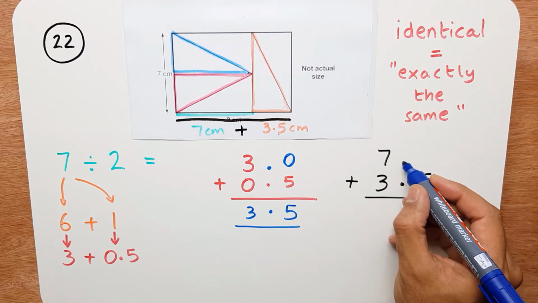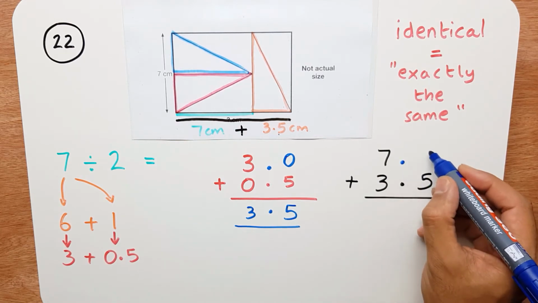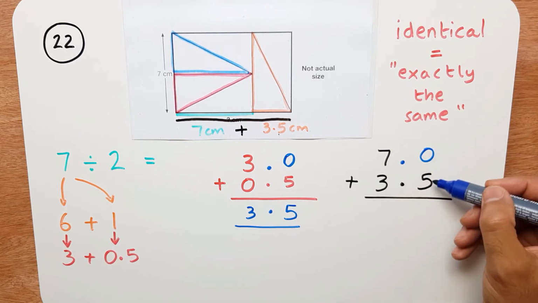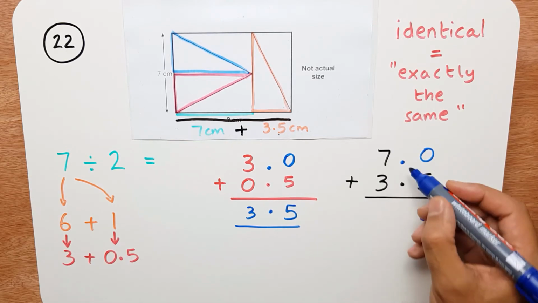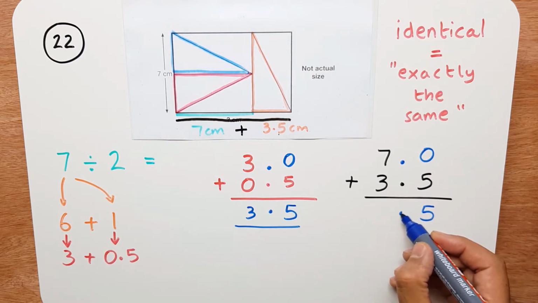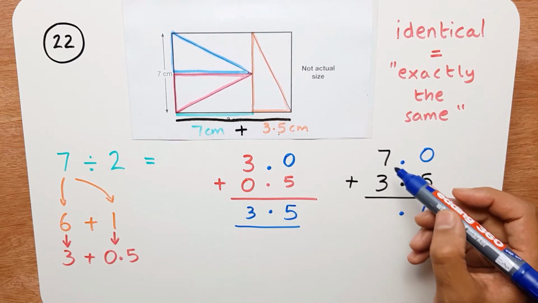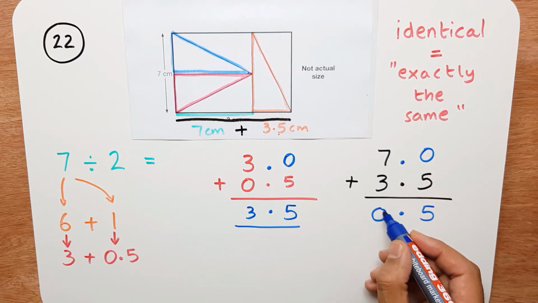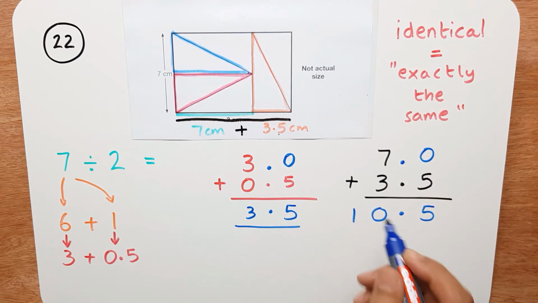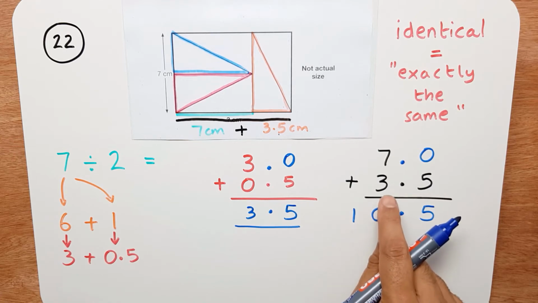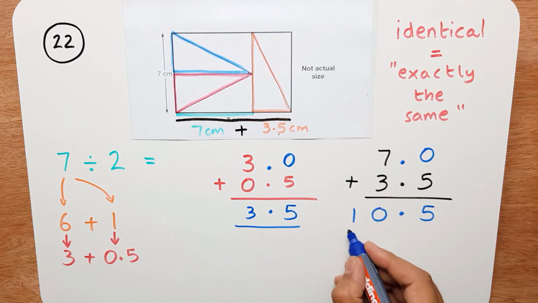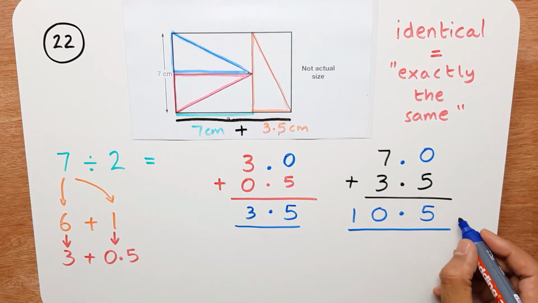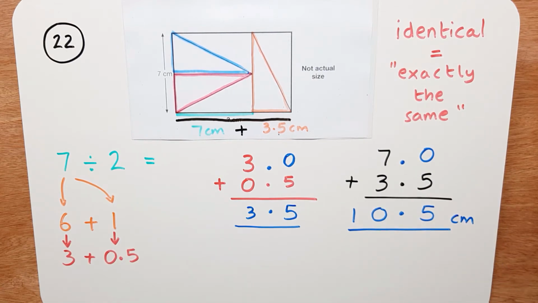Now as before, I'm going to put the decimal point here and a helper 0 or a placeholder. 0 add 5 is 5. Carefully line up the decimal point. 7 add 3 is 10. So I put the 0 down and I carry the 1 over to the next column. I can write that straight down because I've finished with my calculation there. So my answer is 10.5 centimeters.